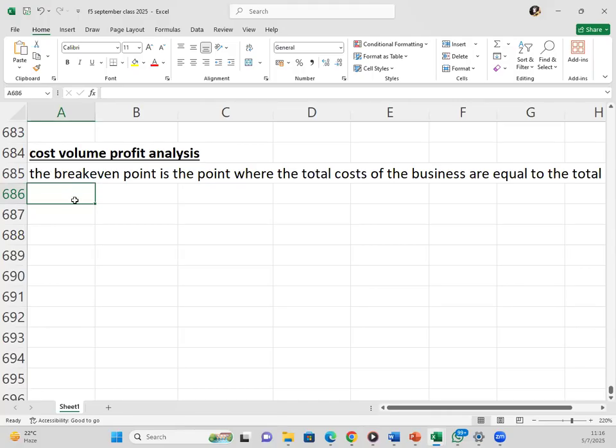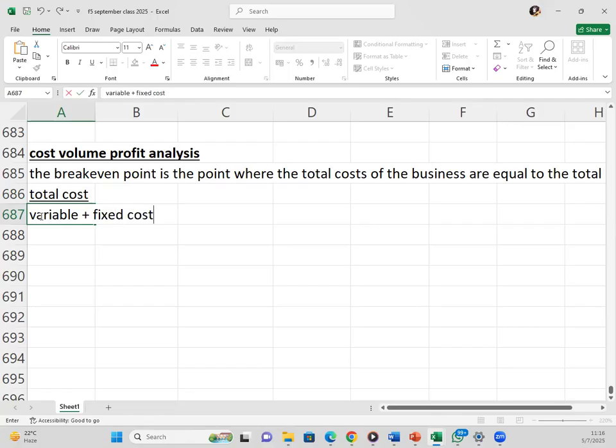So take note, if we are looking at the total cost of the business, total cost comprises the variable plus the fixed cost, and these are equal to the total sales.